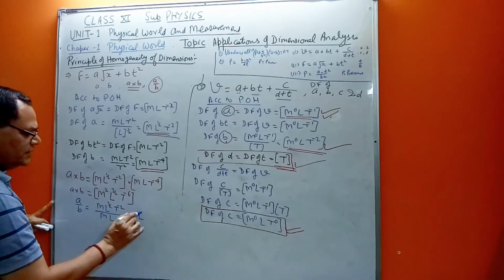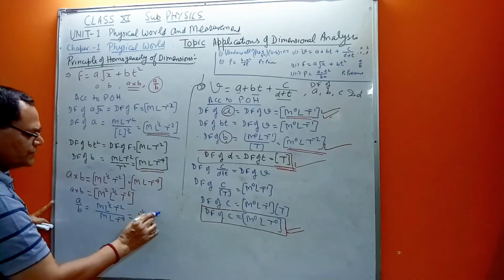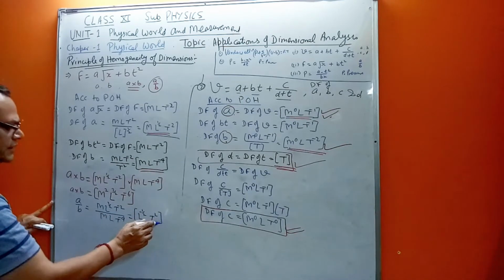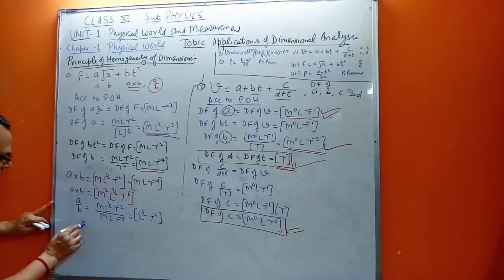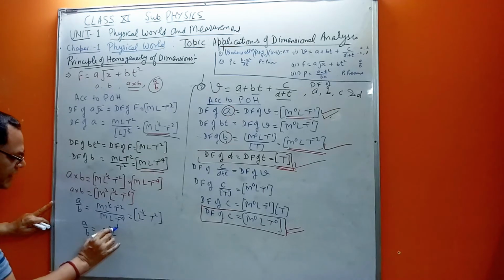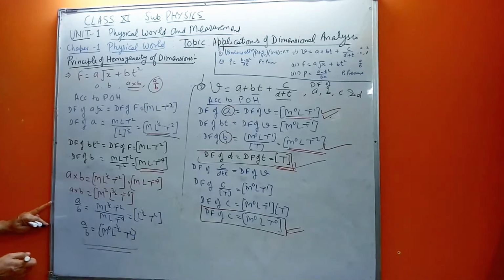So it will become L^-1/2 and T becomes positive 2. So A upon B will have the dimensions like this. Or in ideal form you can say A upon B will be equal to M^0 L^-1/2 T^2. Clear? So this way we can find it.